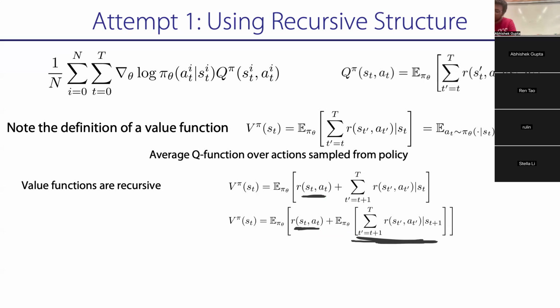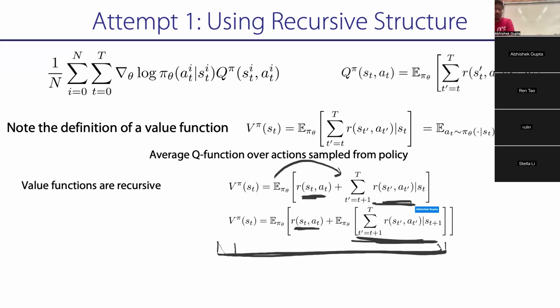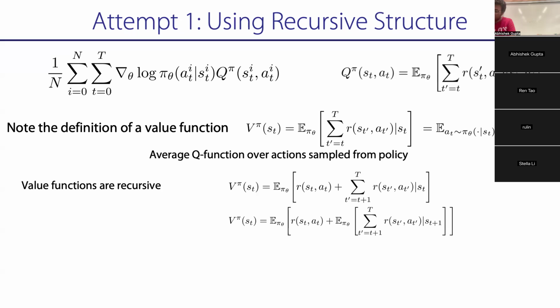You can essentially move your expectation inside, and what this allows you to do is you'll start seeing that this is starting to look recursive. It's reward now plus the sum of rewards in the future. You can move the expectation inside because this doesn't depend on S_{t+1}. And so now you have the expected reward plus the expected reward in the future. And essentially, if you look at this thing, it is the value function, but in the future.